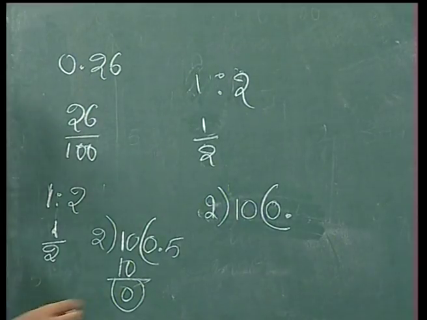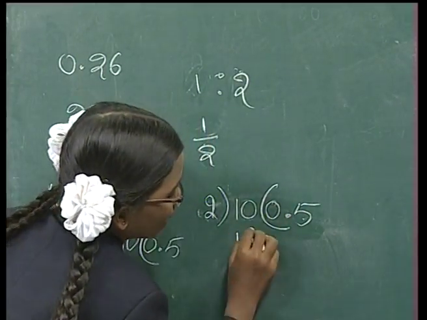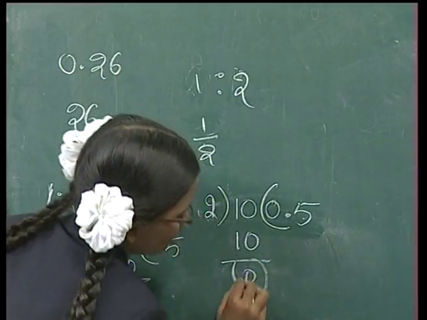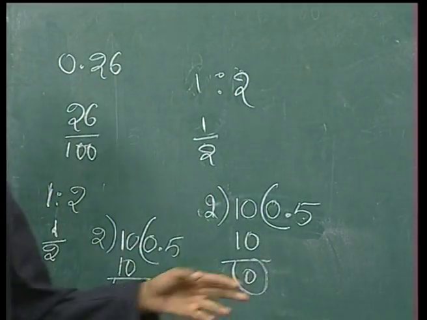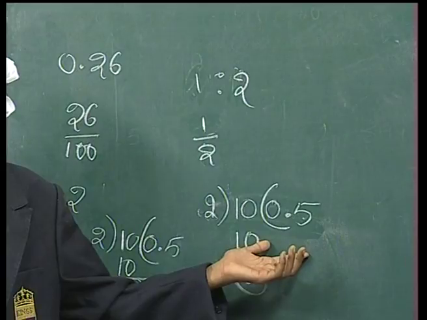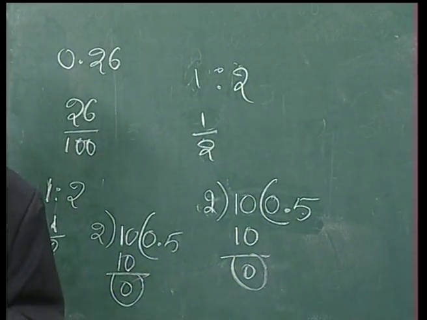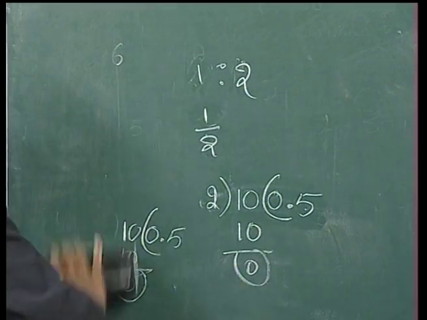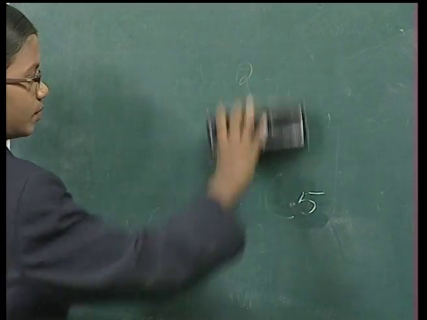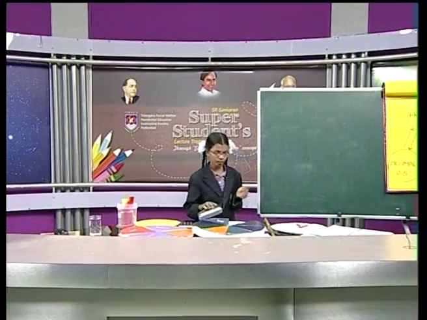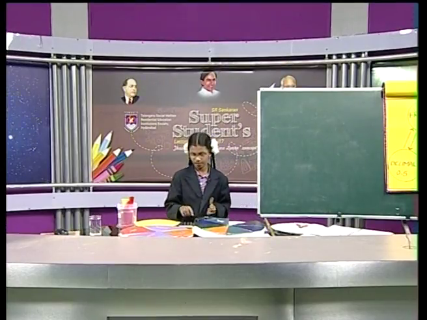Yes, 5 times. 2 fives are 10. Here the remainder is 0. Here the decimal number is 0.5.